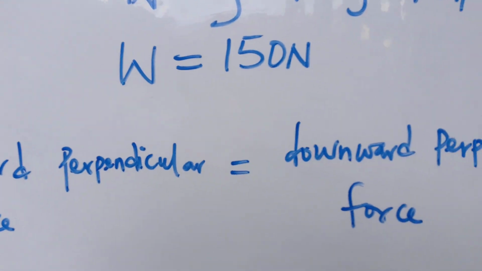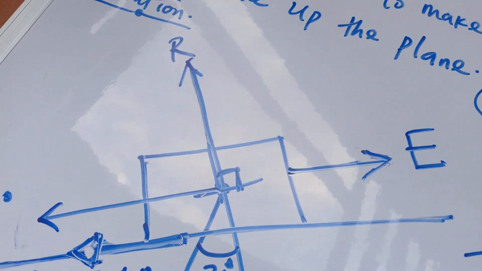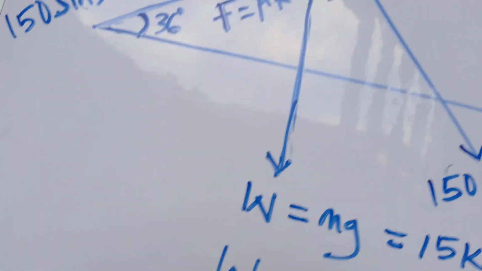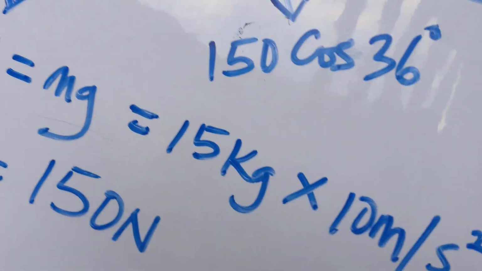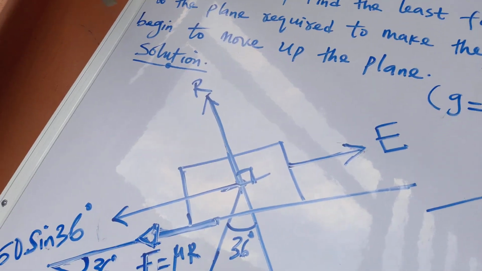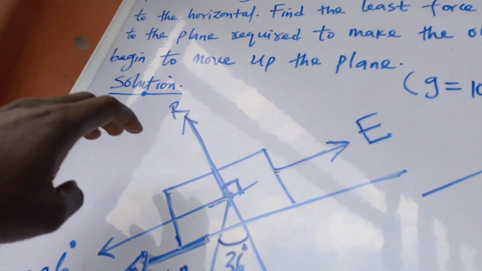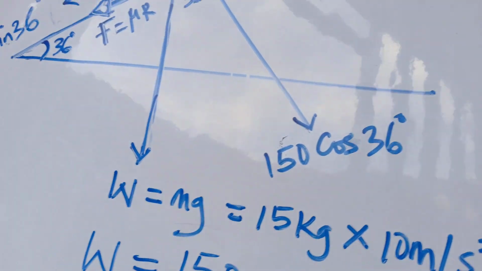The upward perpendicular force there is the normal reaction, equal to the downward perpendicular force, which is 150 cos 36. So look at this closely: this is our upward perpendicular force, the normal reaction, and the downward perpendicular force is 150 cos 36.